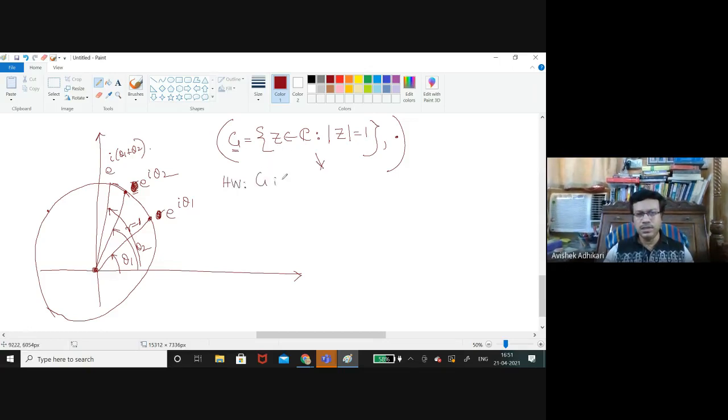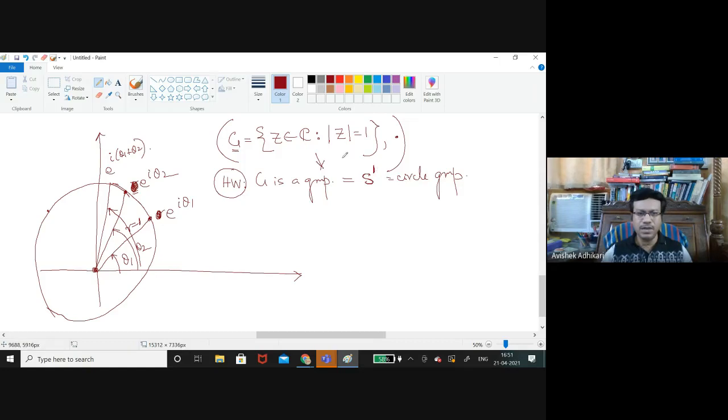So your homework is to show that this G is a group. And this group is known as S1. This is a circle, and it is known as the circle group S1. Is it clear? You need to check whether all the properties of groups are satisfied for S1.